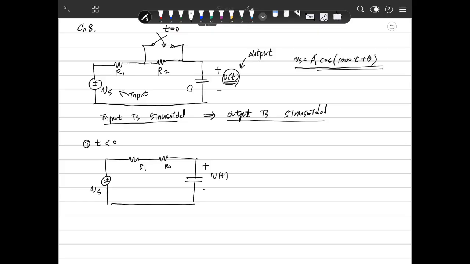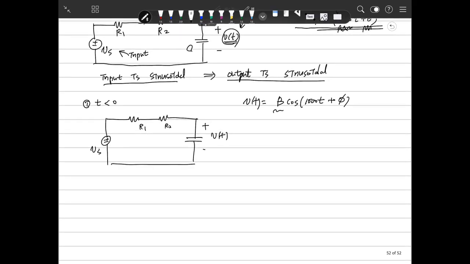Vt, the output value, is another cosine with the same frequency, but the phase will be different, and the amplitude B will be different. The reason I will explain later.